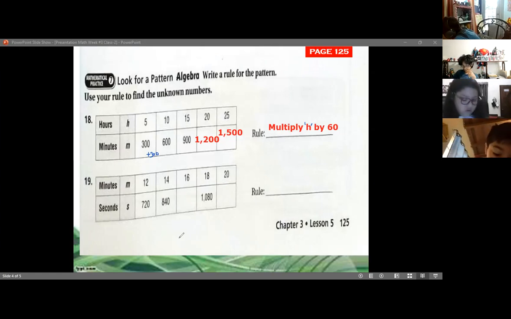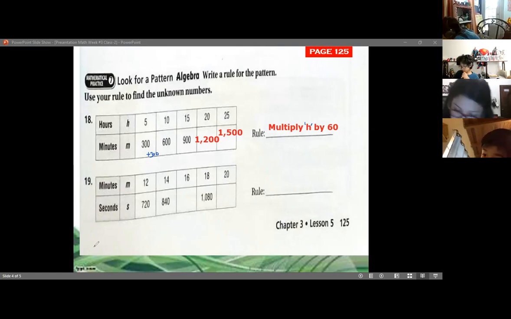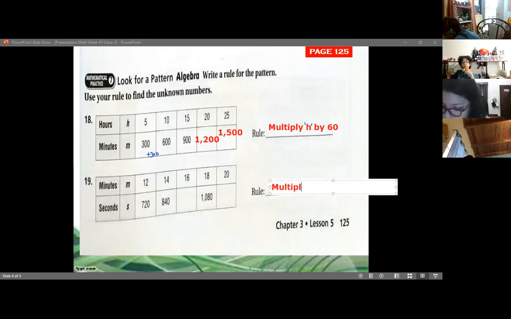So how is it going to be for your rule? How is it going to be the answer for 16? We can continue multiplying by 60. In this case, the minutes, that is letter M, by 60.